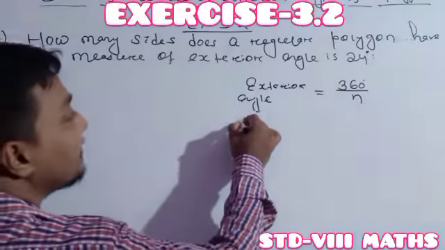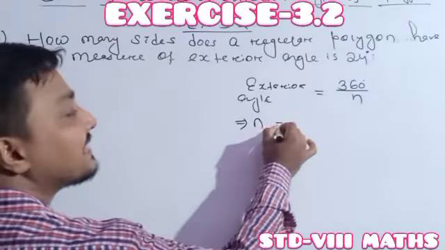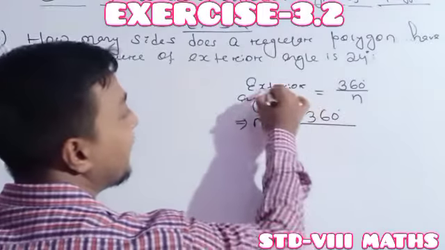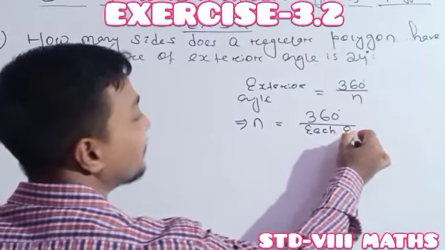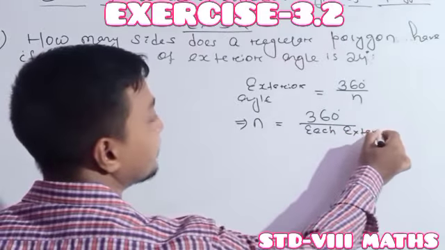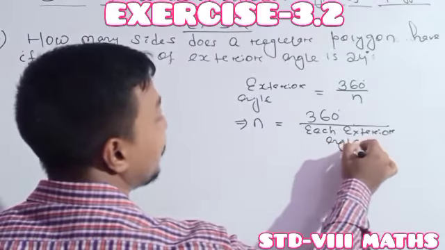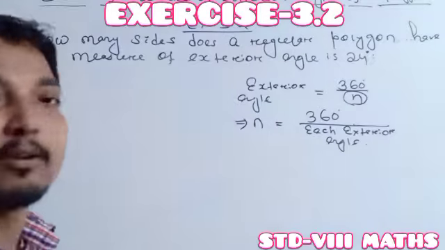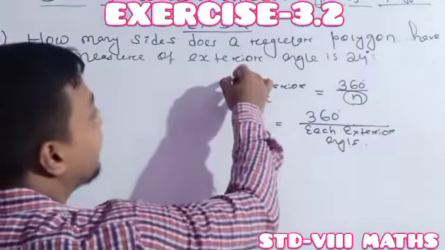Then from this, another formula was generated: number of sides is 360 degrees divided by each exterior angle. Whenever the sides are given for a regular polygon, we can find the exterior angle by this formula.